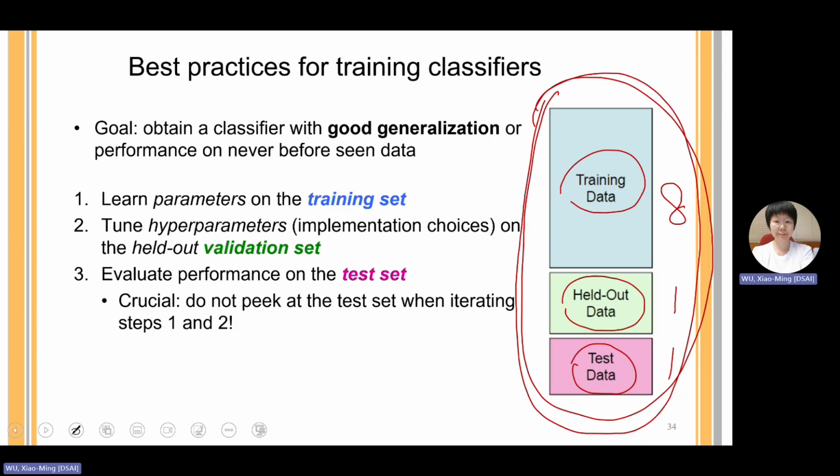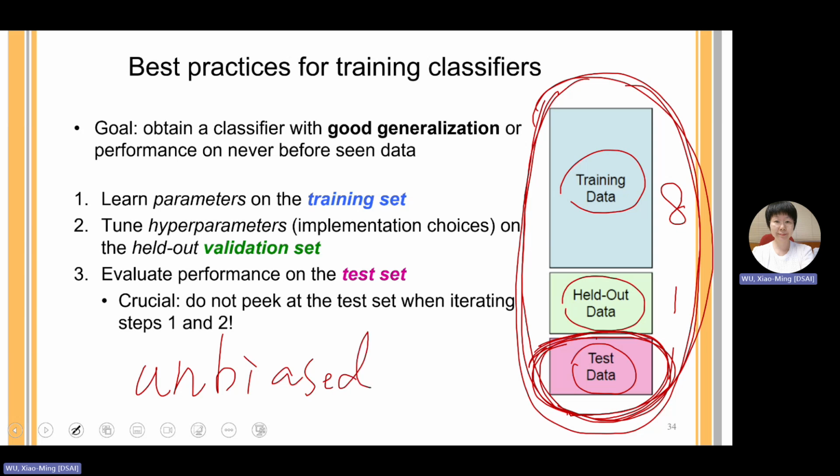Why do we want to reserve a set of test data? One thing you should keep in mind is that when we divide the data set in this way, the test data is reserved for an unbiased estimation of your trained model.